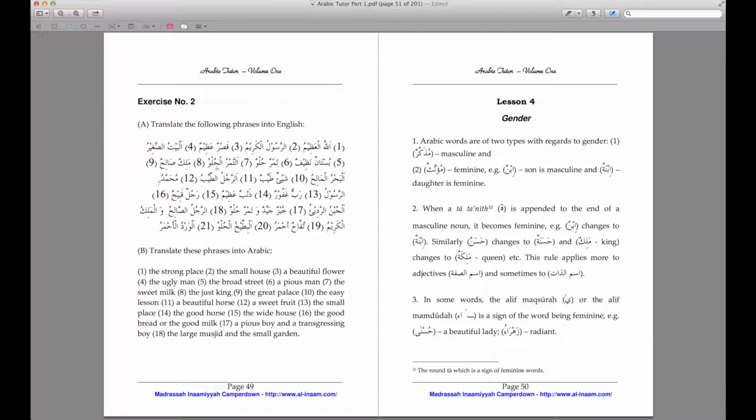Tamrun Hulwun, a sweet date, the fruit. At-Tamrul Hulwu, the sweet date. Malikun Salihun, a pious king. Al-Bahrul Malihu, the salty sea. Shay'un Tayyibun, a good thing.